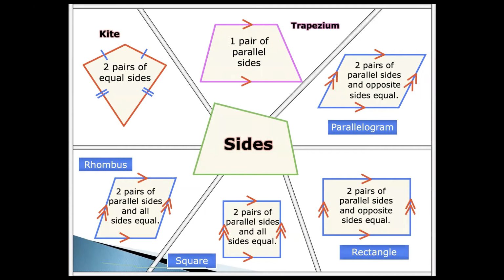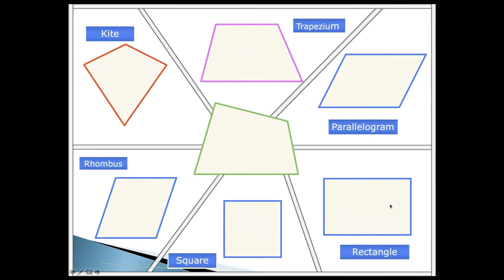All of them, the parallelogram, rectangle, square, and rhombus, have each two opposite sides parallel, and their diagonals bisect each other. Take care, this is the special property. In all of them, each two opposite sides are equal and parallel.